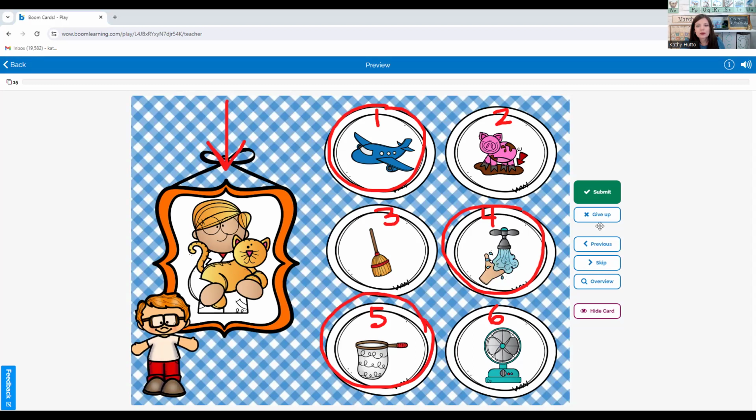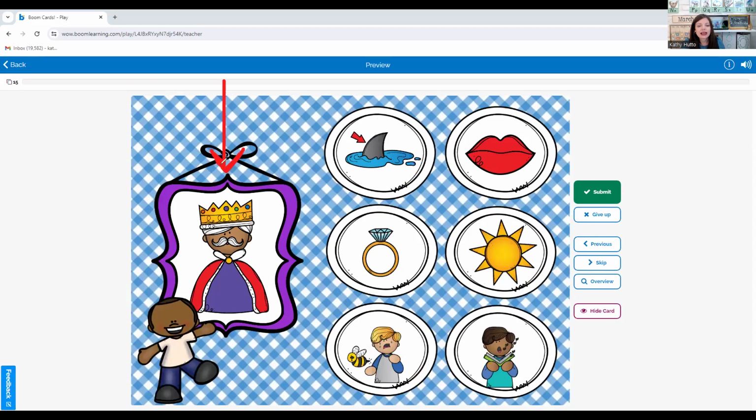Let's do one more. This is a king. What words sound like king at the end? Our choices are thin, lips, ring, sun, sting, sing. Which words sound like king at the end? We're listening for ing.